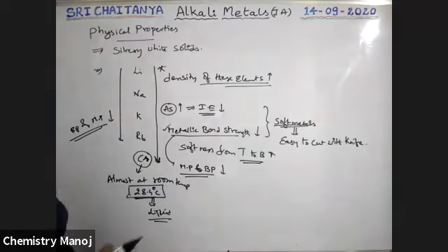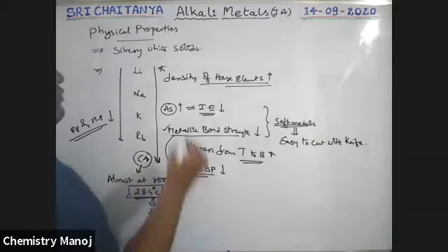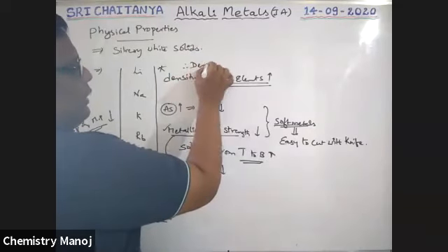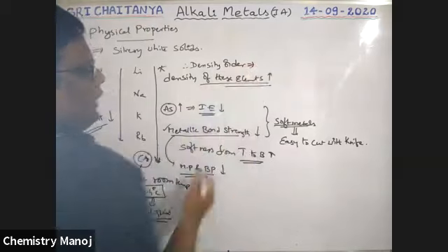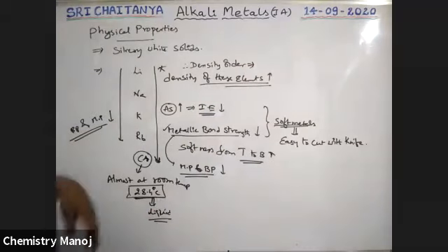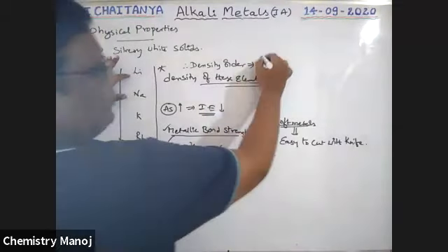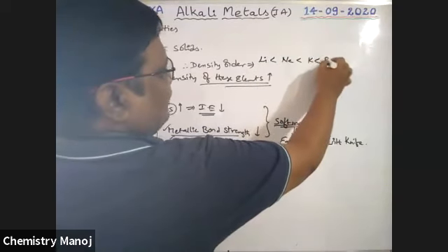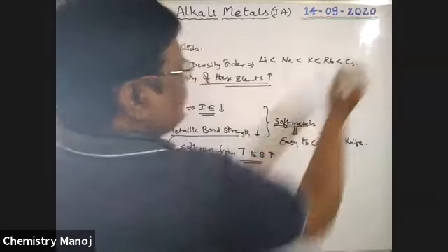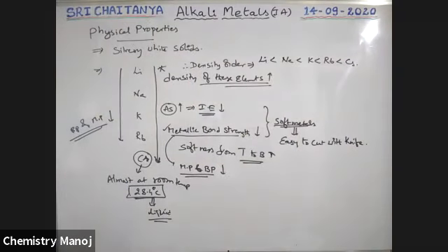Therefore, the density order from top to bottom increases: lithium less than sodium less than potassium less than rubidium less than cesium. So this is the order of density, boys.